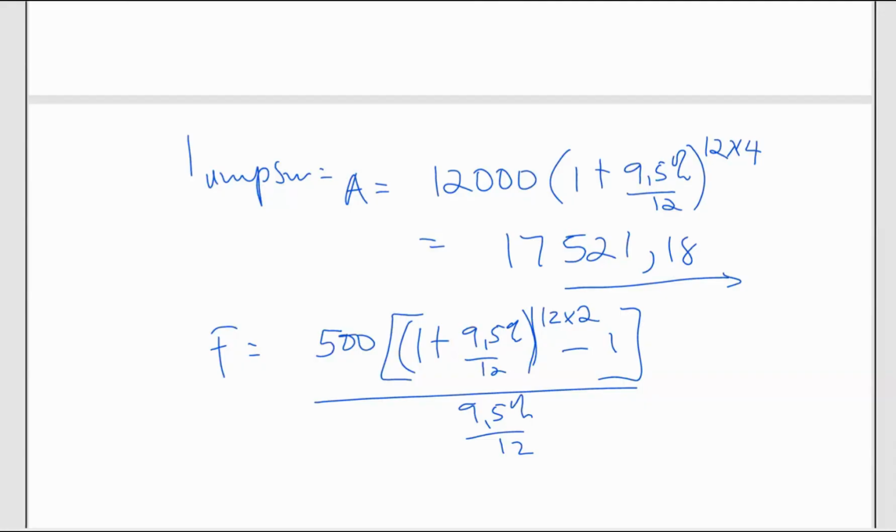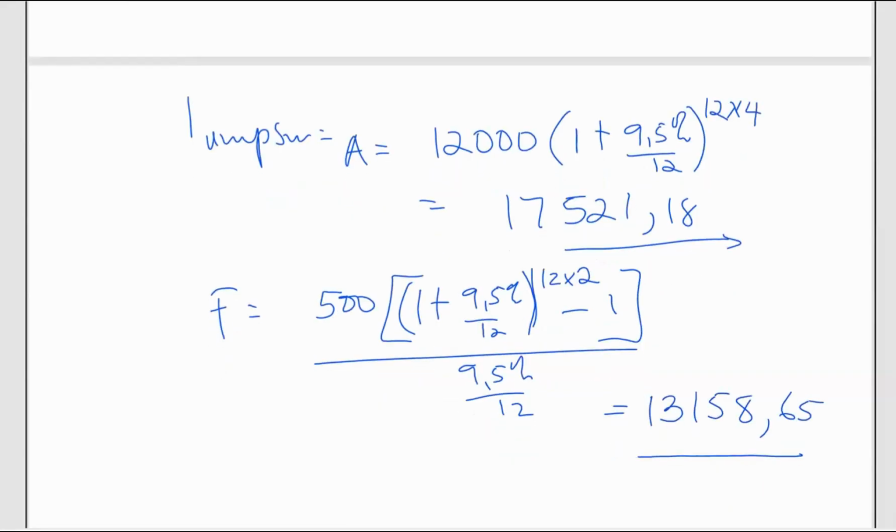9.5% over 12. So this gives me 13,158.65. Is that correct? Does that even make some sense there?